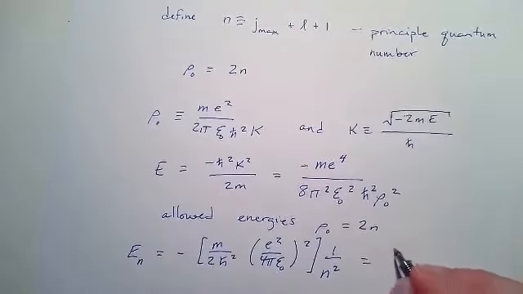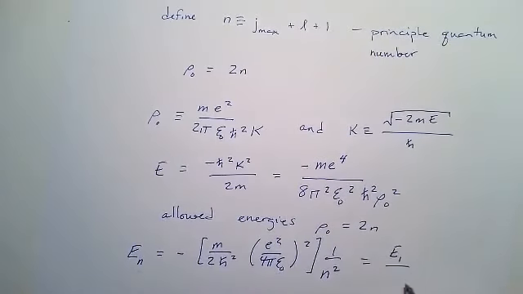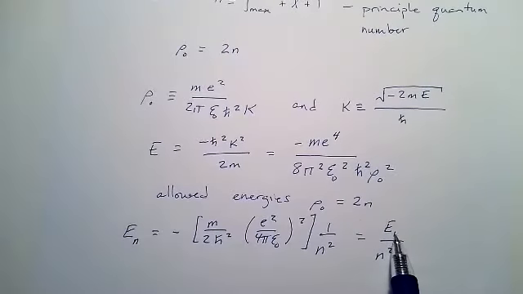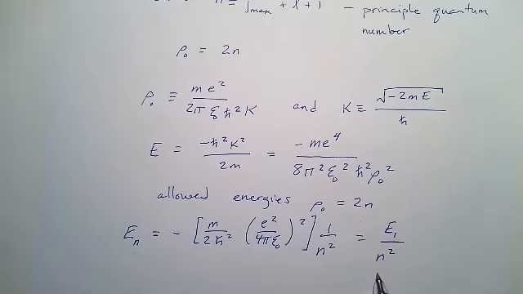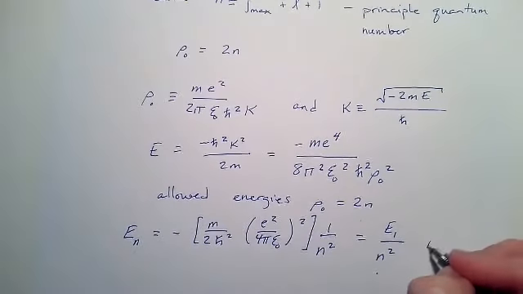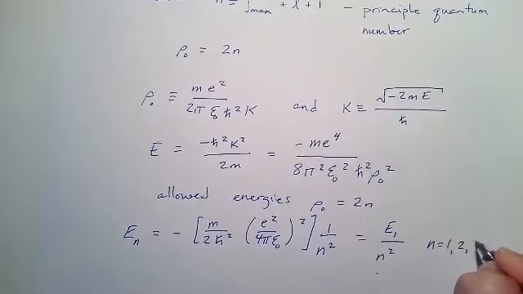Now we could define a ground state energy that has to do with this set of things in this square bracket. Just call it E sub 1, and then over n squared, and n is going to be allowed to be 1, 2, right, any integer value.